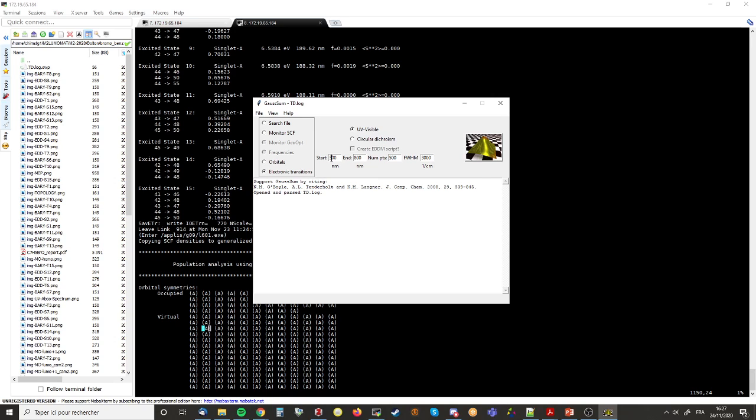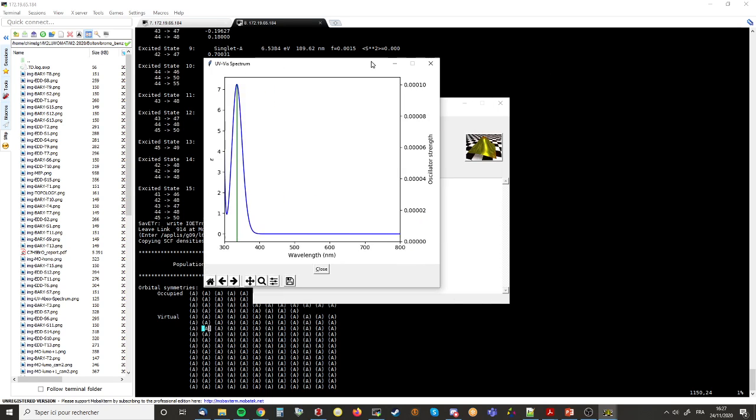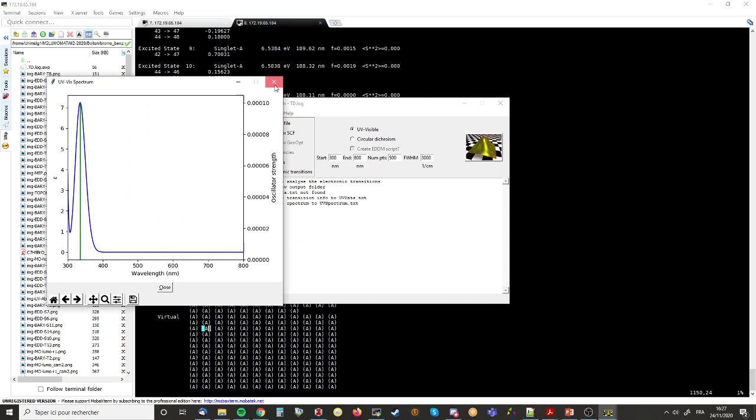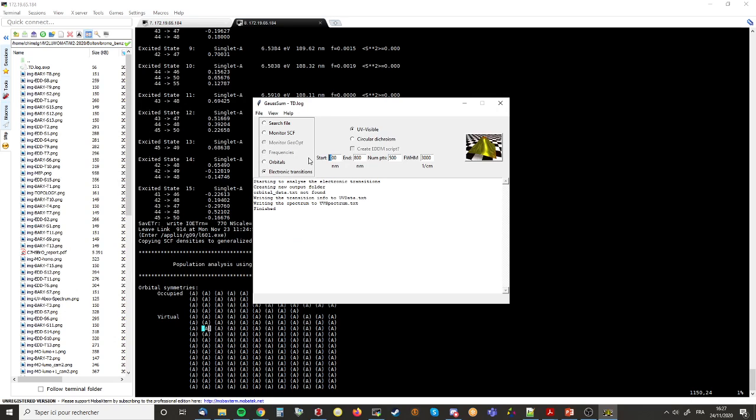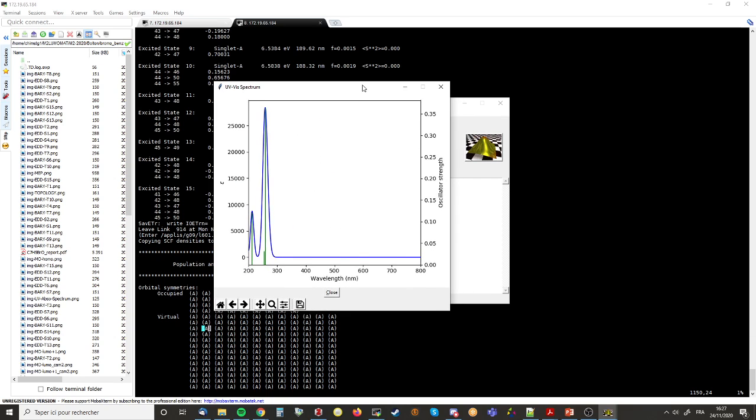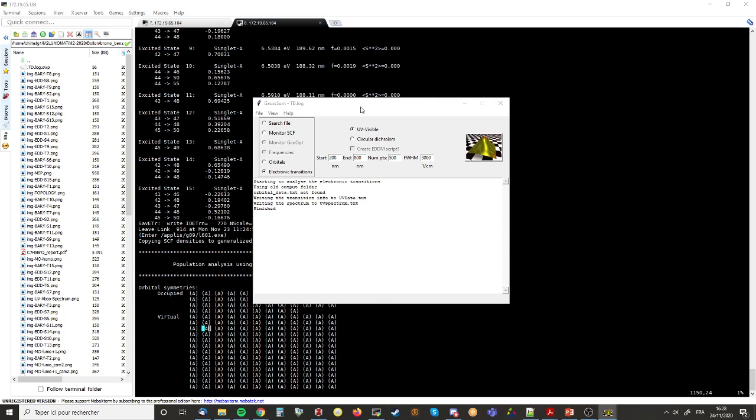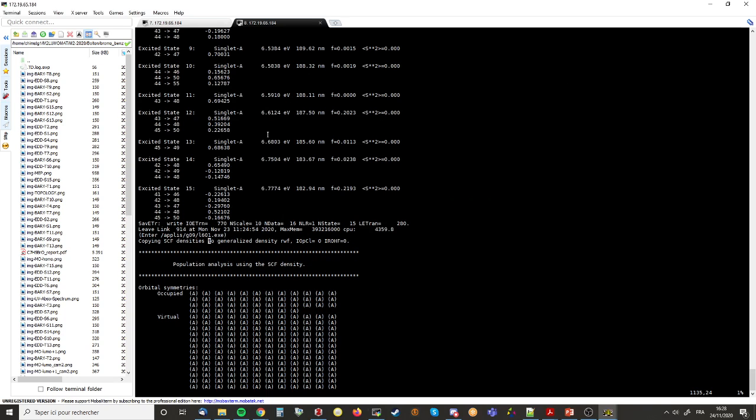Why do we need this value, the FWHM? Okay, let me see, maybe 3000 is not enough. Let's put 2000. So if you see here, in my calculation, let's compare here.